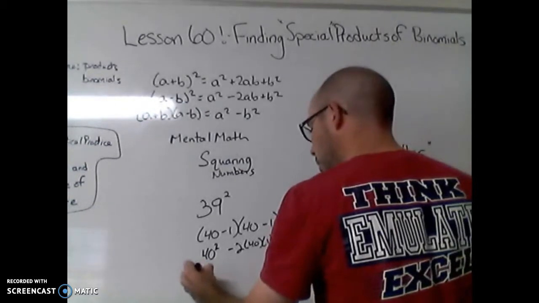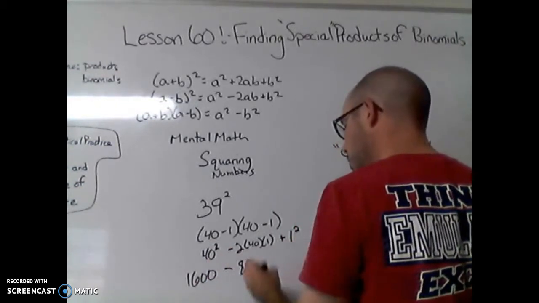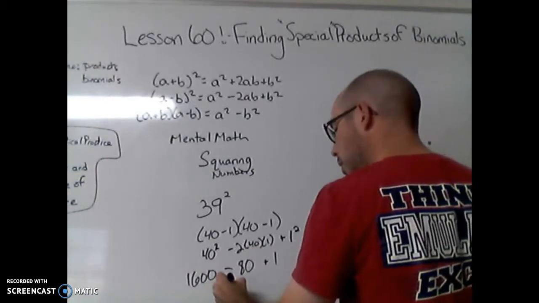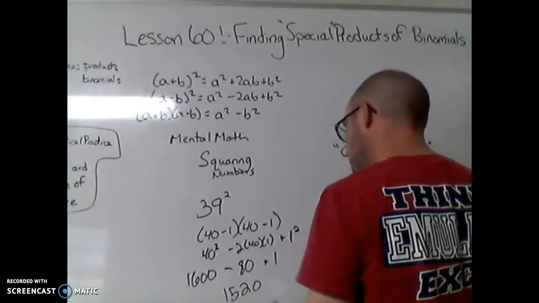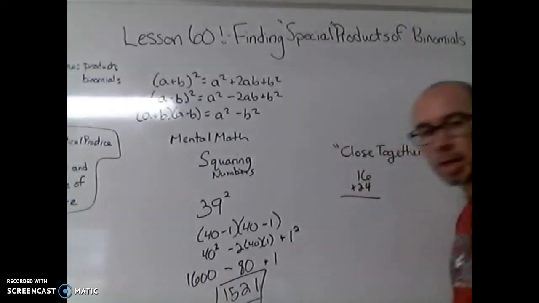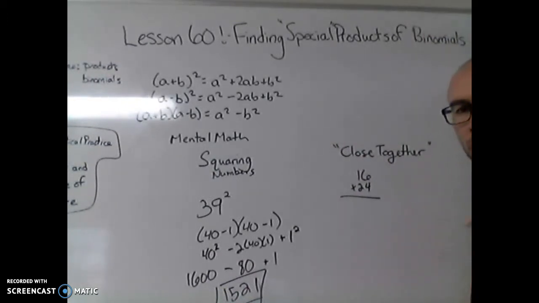So this is 1600, this is minus 80, and this is plus 1. 1600 minus 80 is 1520, plus 1, 1521, and there's my answer. And you can do it in a calculator, but that would be silly. I mean, you're just trying to learn something.